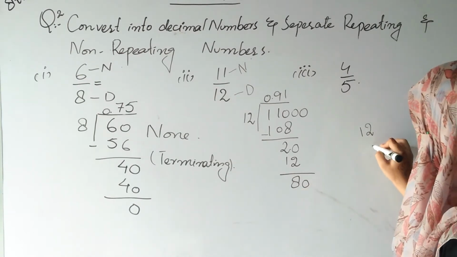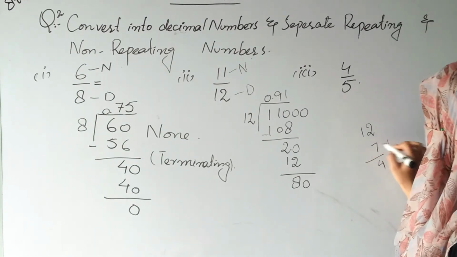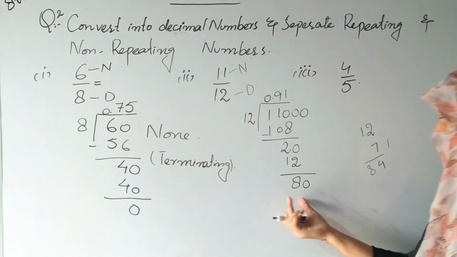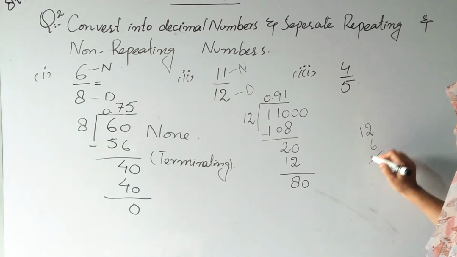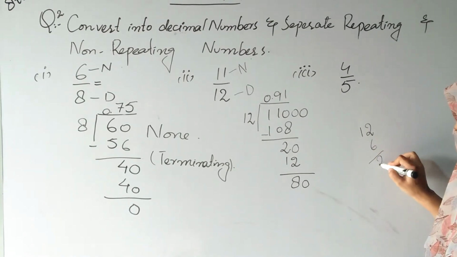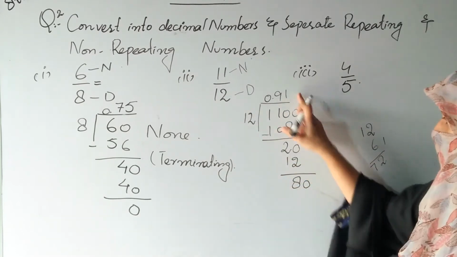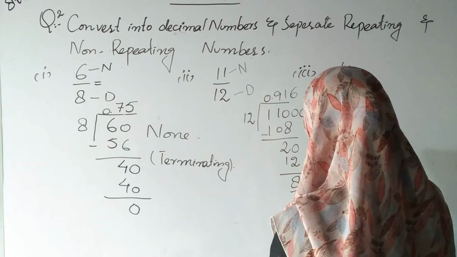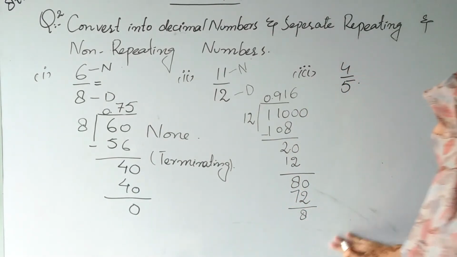So 12 7 times is 84, which is greater than 80. So we write only 12 6 times, which is 72. So 8 is the remainder.